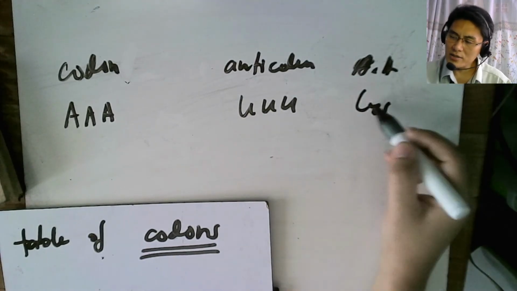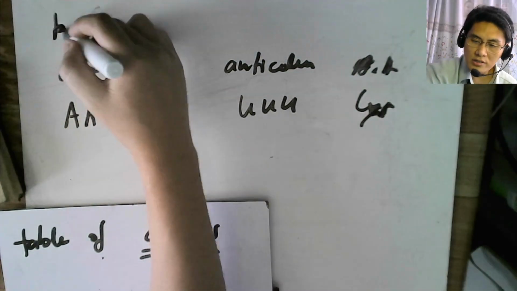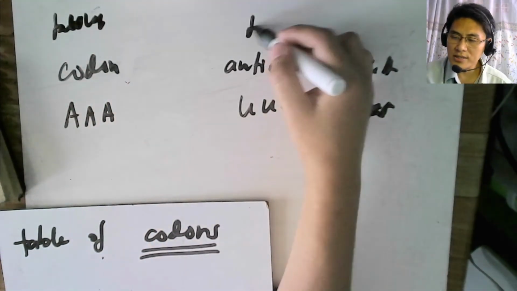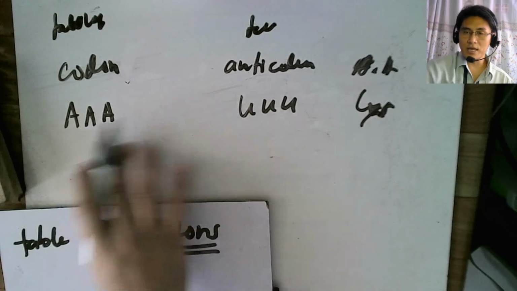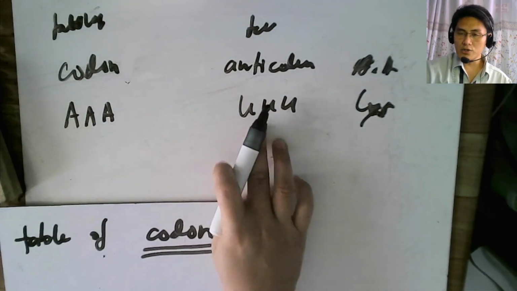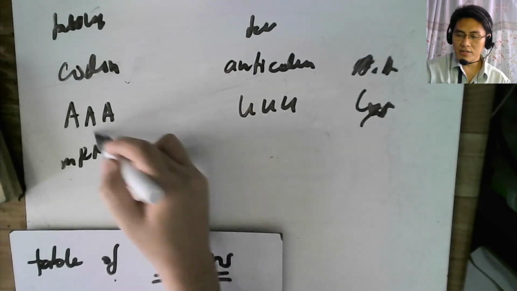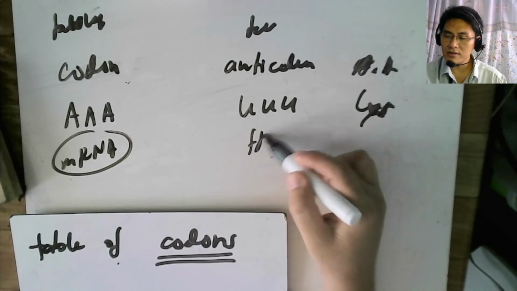So, be careful, because there is a table of codons and also a table of anticodons, and obviously they are different because A pairs with U. Codons are in the mRNA, anticodons are in the tRNA.